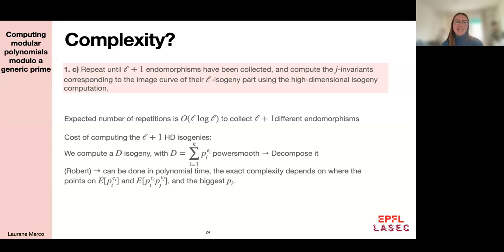And then you have a result by Damien Robert that tells you that you can actually do this computation in polynomial time, but the exact complexity depends on a bound of the degree of the extension of the p_i^e_i torsions and the p_i^e_i times p_j^e_j torsions, as well as the biggest prime factor p_i. We haven't worked out explicit bounds in our case, but this gives you an intuition.